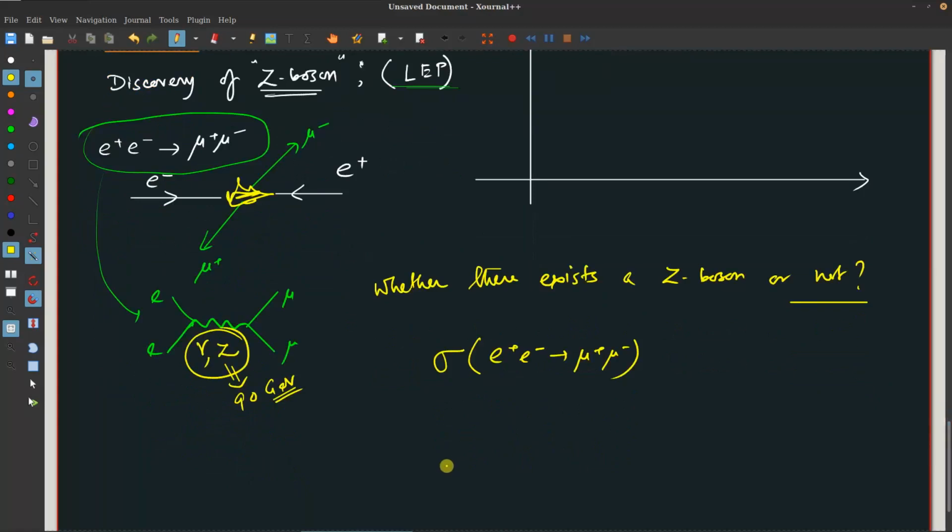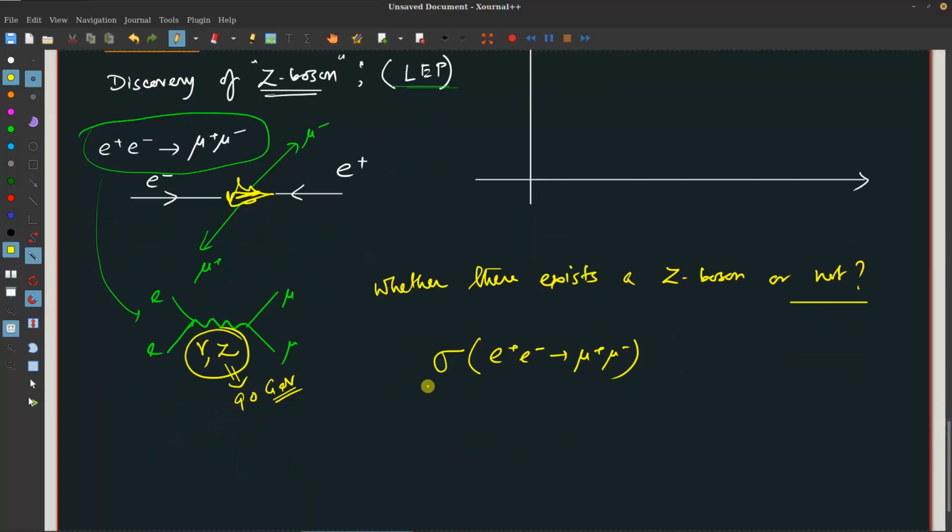And this cross section you measure as a function of this mu plus mu minus mass. Okay, how much mass does this mu plus mu minus carry together? Now let me not talk about mass. Let me talk about energy. How much energy does the mu plus mu minus carry?